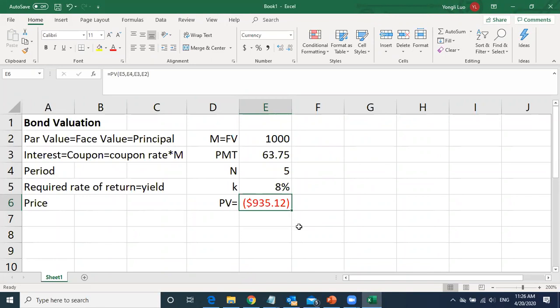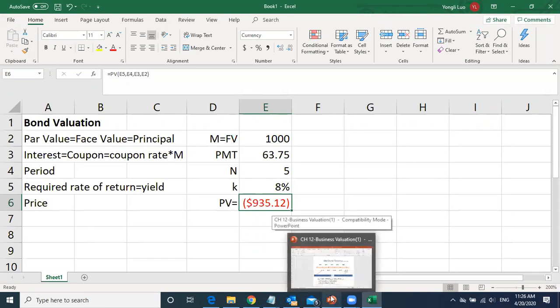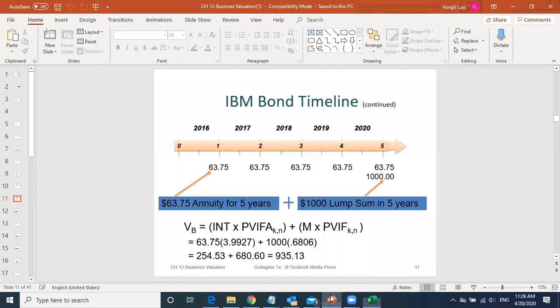Okay, so the bond valuation typically is to calculate the present value of the bond, the present value of all the future cash flows you generate. It looks pretty straightforward, and if you don't have Excel, what you can do is use the factor table.